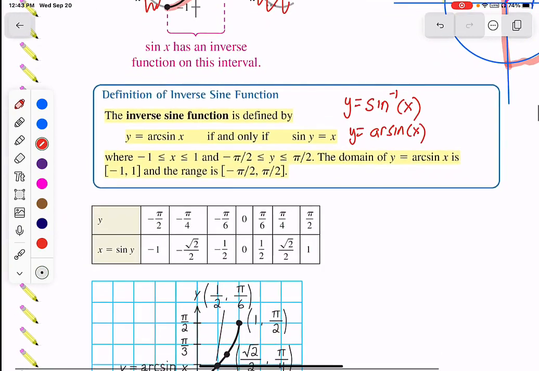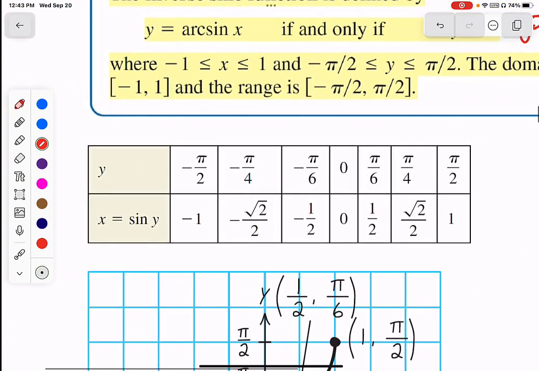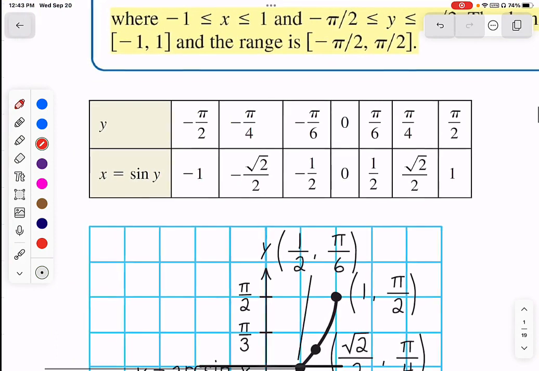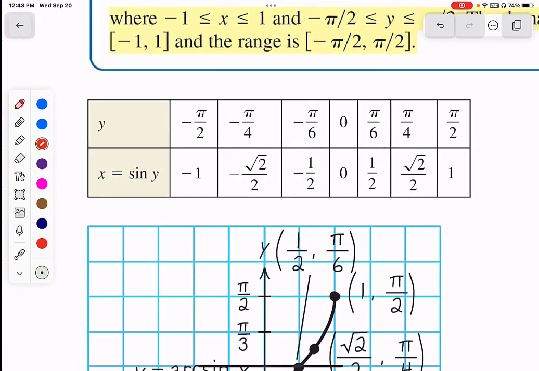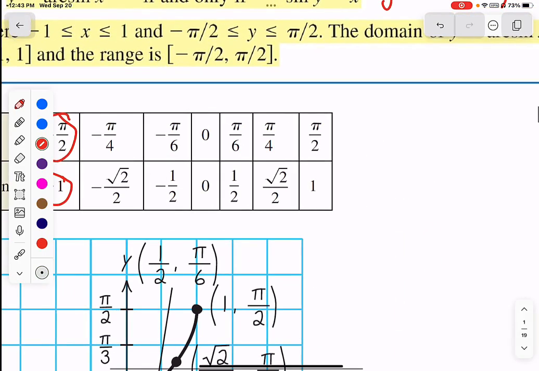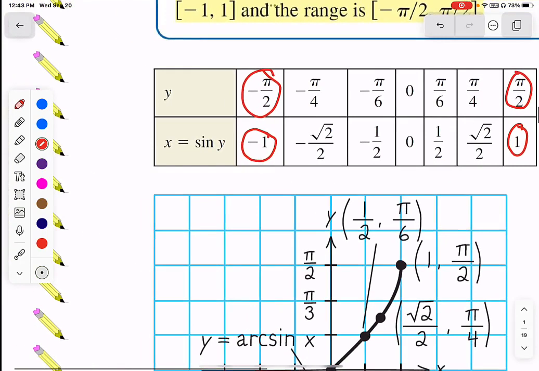So let's go ahead and try this again. Here's our table, and these are the values in our unit circle, or in this case, the right half of our unit circle. So notice our x is -1, and what angle has a sine of -1? Well, that's going to be negative pi over 2. What angle has a sine of 1? Well, that's going to be pi over 2.